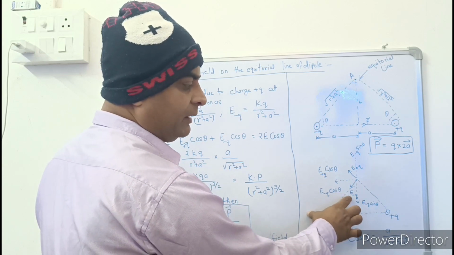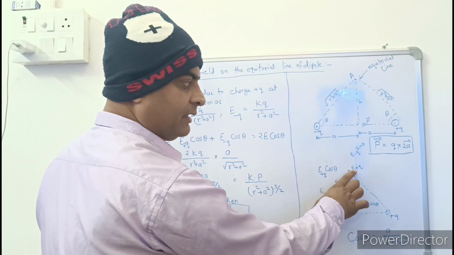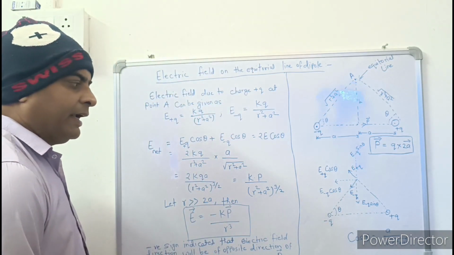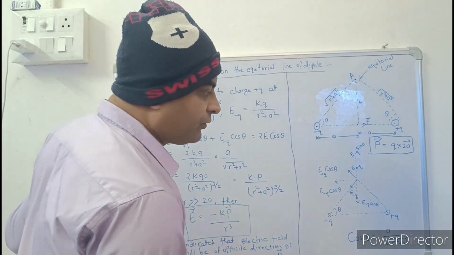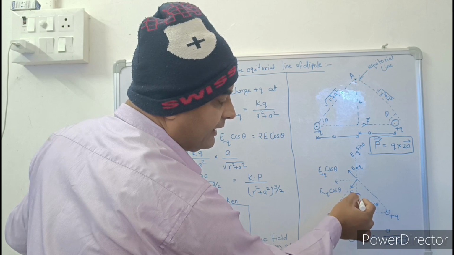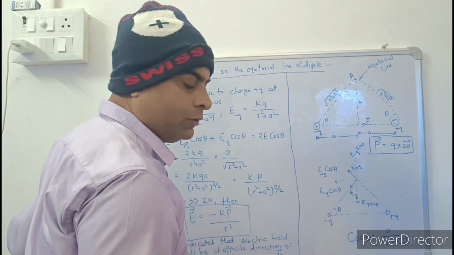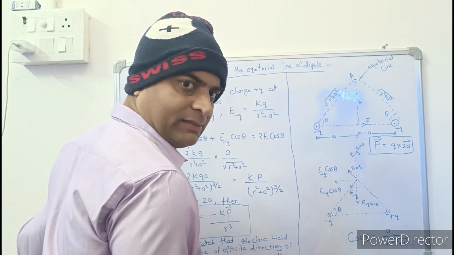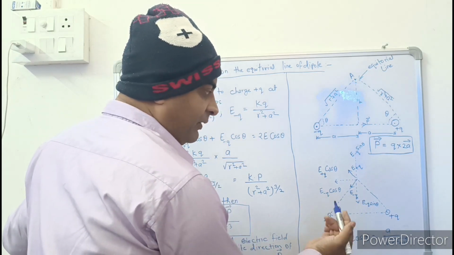Here you can see E plus Q, and this is E minus Q. Since these are not in a line, we have to take their cosine and sine components. So how will we find that?